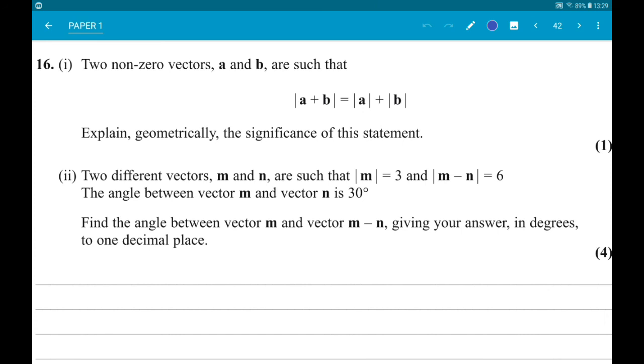If you took one step forward and then another step forward, the length of the two steps is the exact same as the length of the two steps added together. So what this means is the vectors must be parallel or in the same direction.